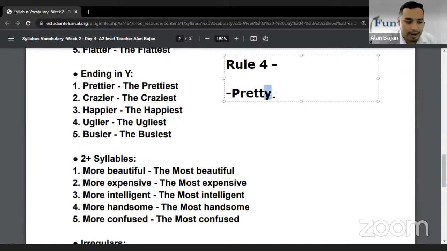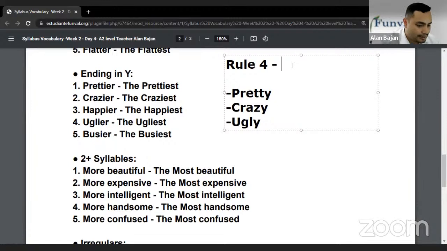This is the letter Y. So the rule says remove the last letter, Y, and add I-E-R to the adjective.